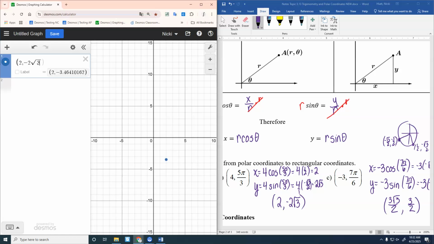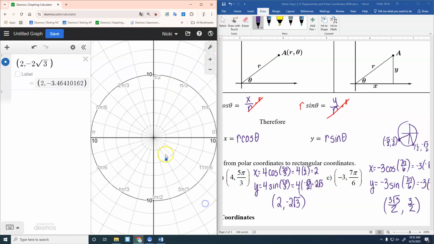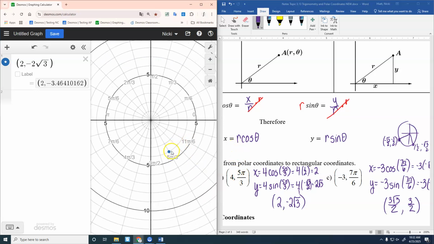So if I graph that point, and then I change my background to polar coordinates, you can see that I am at, let's zoom in a little bit more, there we go, I am at 5 pi over 3, and I went out 1, 2, 3, 4 on those circles, right?